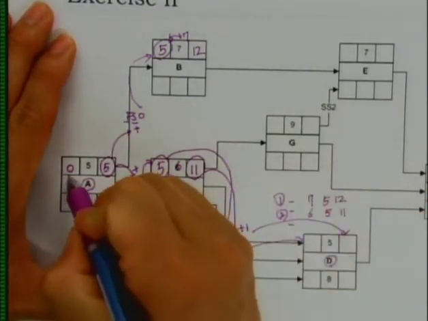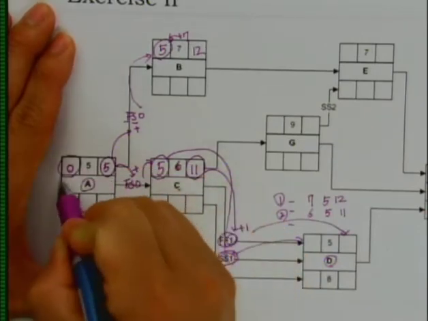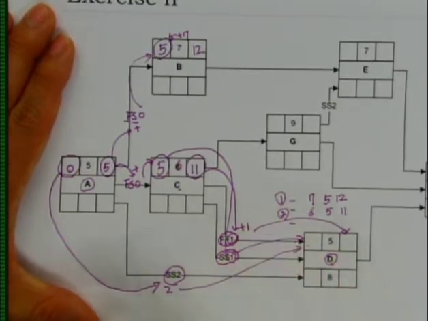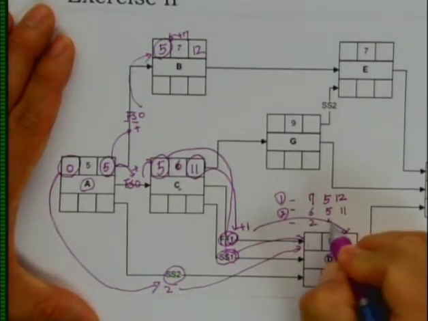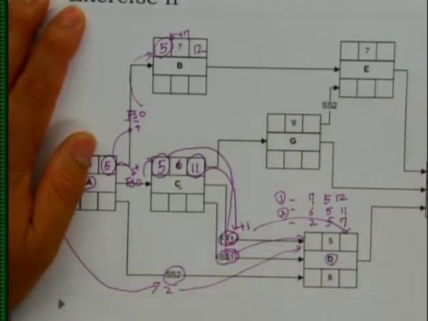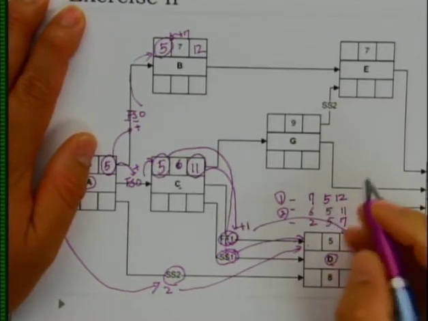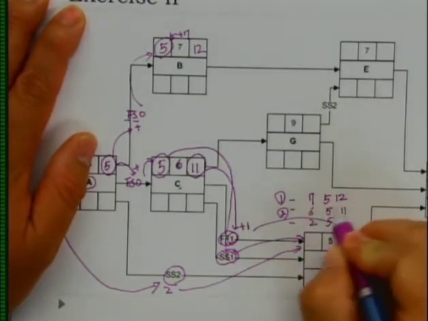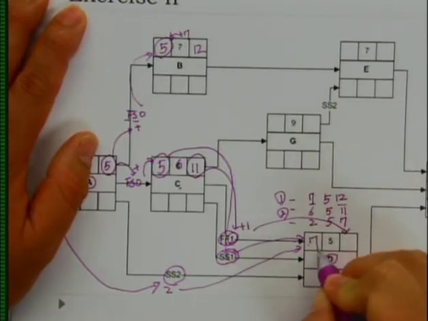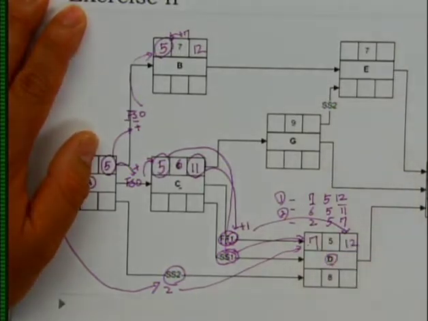So you can imagine the early start of activity A plus your lag 2 becomes your start. So 2, 5, 7. Because this is a forward pass, you need to choose the largest number. So in our case it will be 7, 5, 12.